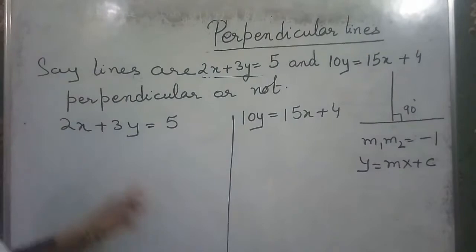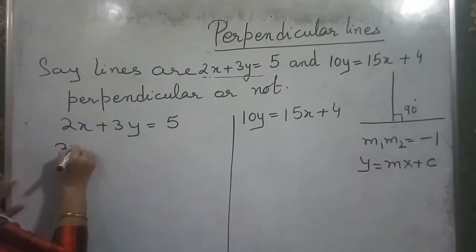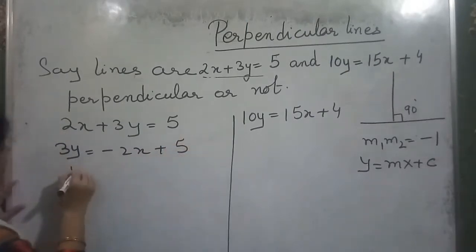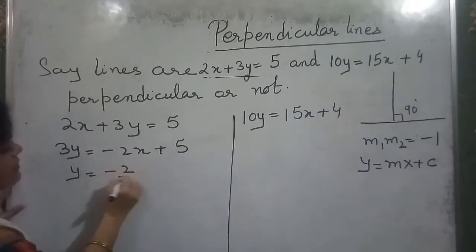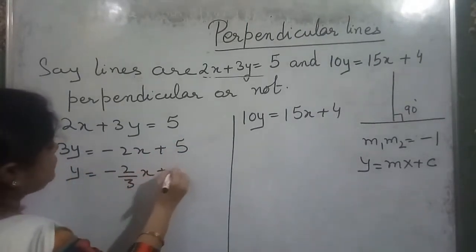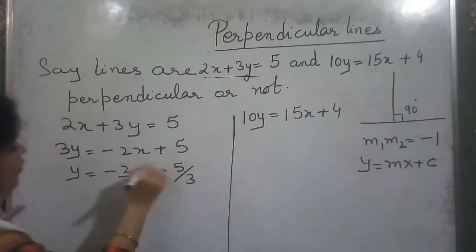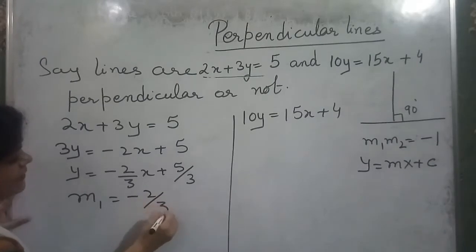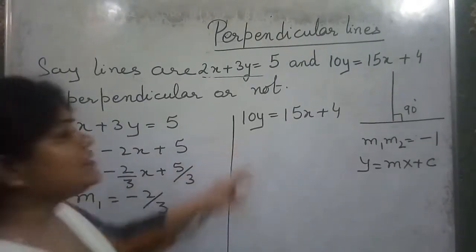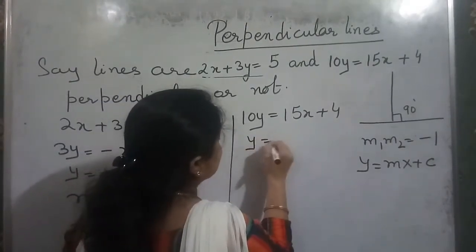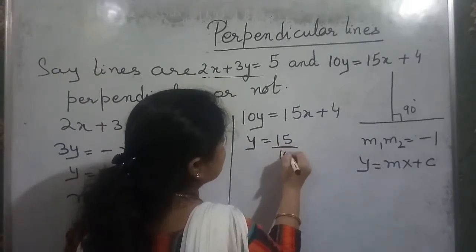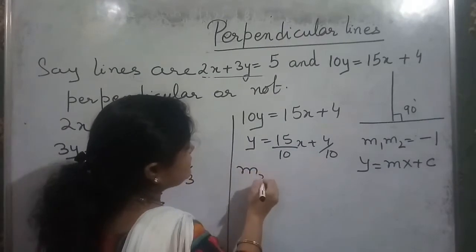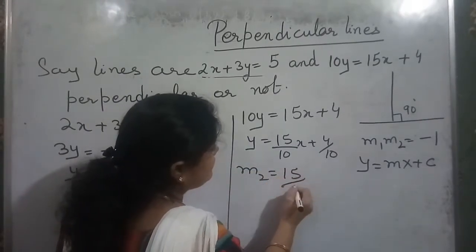Now we change it as 3y is equal to minus 2x plus 5, and y is equal to minus 2 by 3x plus 5 by 3. From here the slope of the line is minus 2 by 3. Now observe for the other line we have y is equal to 15 over 10x plus 4 over 10. So the slope is 15 over 10.